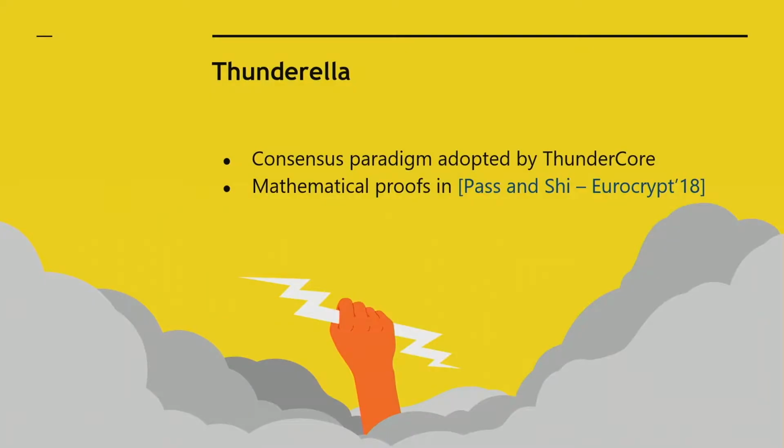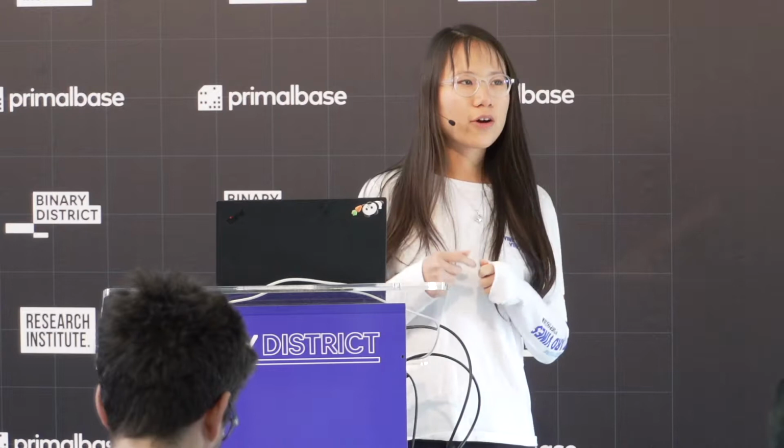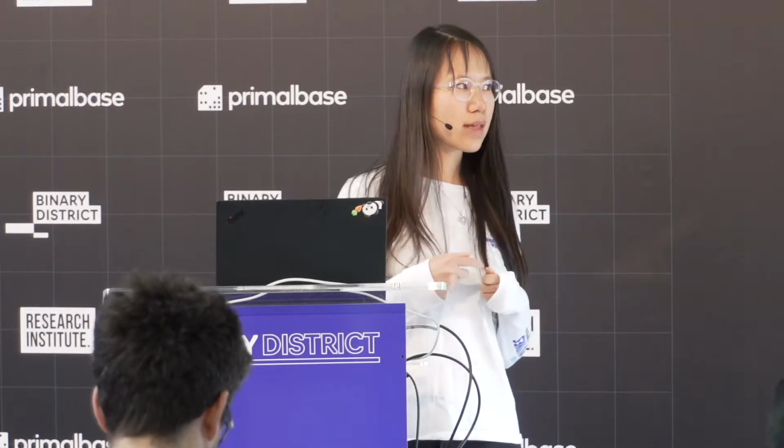Thunderella is a consensus protocol used by Thunder Core, a public blockchain platform. The rigorous mathematical proof is included in the paper by Rafael Pass and Elaine Shi, published in Eurocrypt 2018. In this talk, I'm first going to quickly go through the original Thunder protocol, and then I will describe an attack which can make a confirmed transaction be undone in some cases.